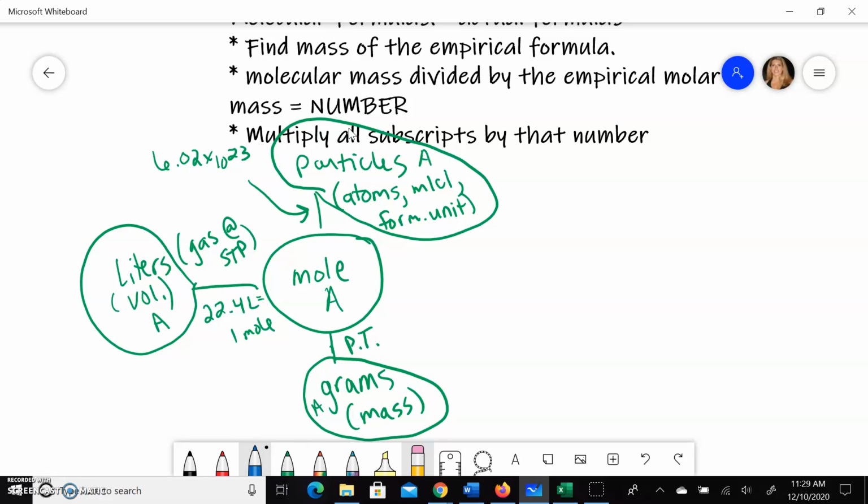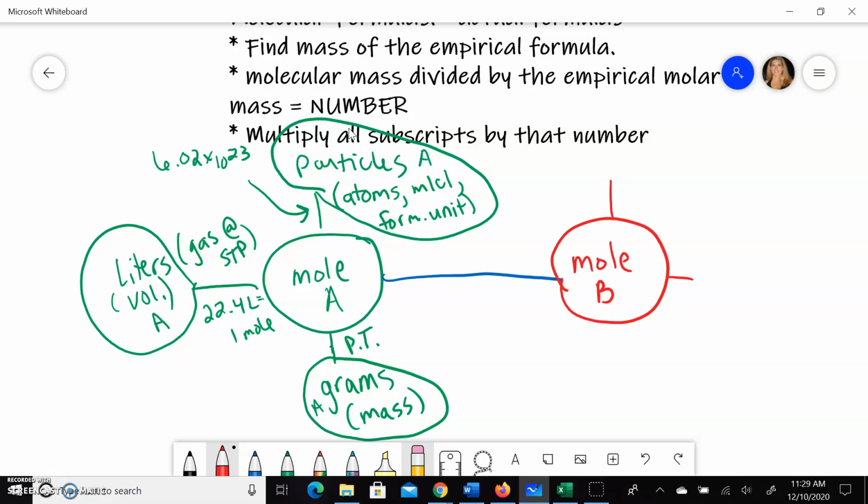We can turn it into a different chemical using a balanced reaction. So to get from moles of A to moles of B, you are going to use a balanced reaction. RxN stands for reaction, and you're going to use those coefficients.